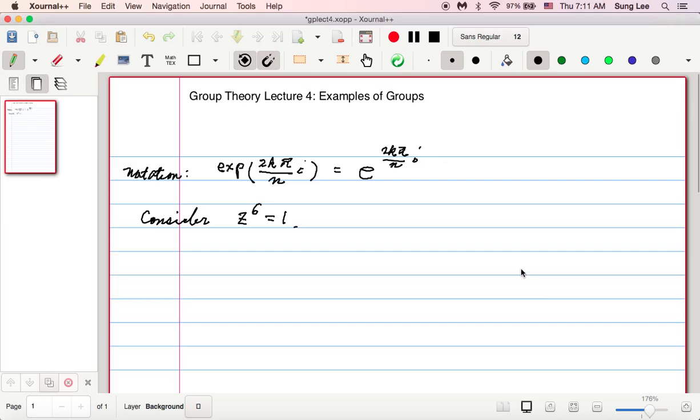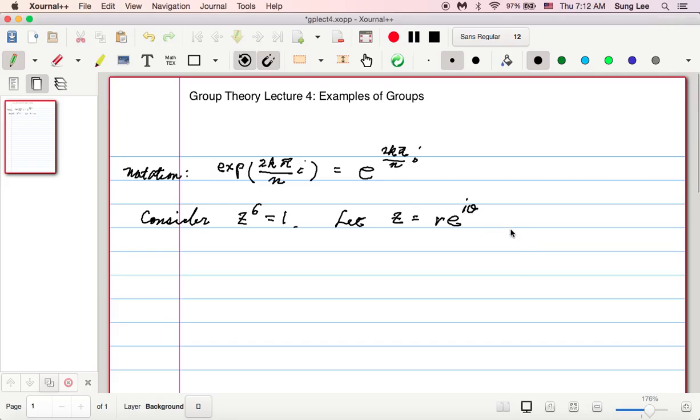Okay, so how do we solve this type of equation? It is convenient to use the polar form of a complex number. So let z equal r times e to the i theta. A polar form means that z equals r times e to the i theta.